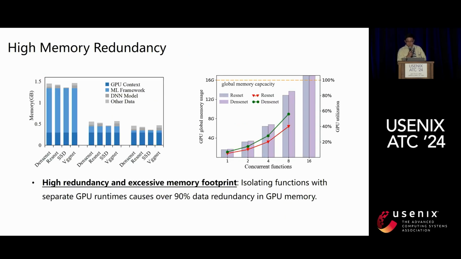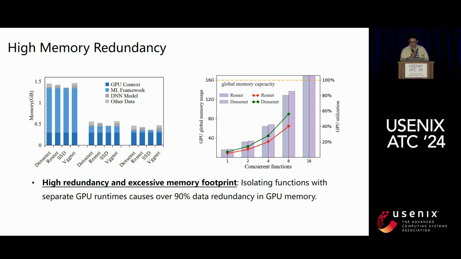First, high memory redundancy. We test the memory footprints of GPU functions for different machine learning frameworks and models. As we can see, the total memory footprint of a function can be up to 1.5 GB, with 90% occupied by the GPU runtime, like the GPU context and the libraries from the machine learning framework.